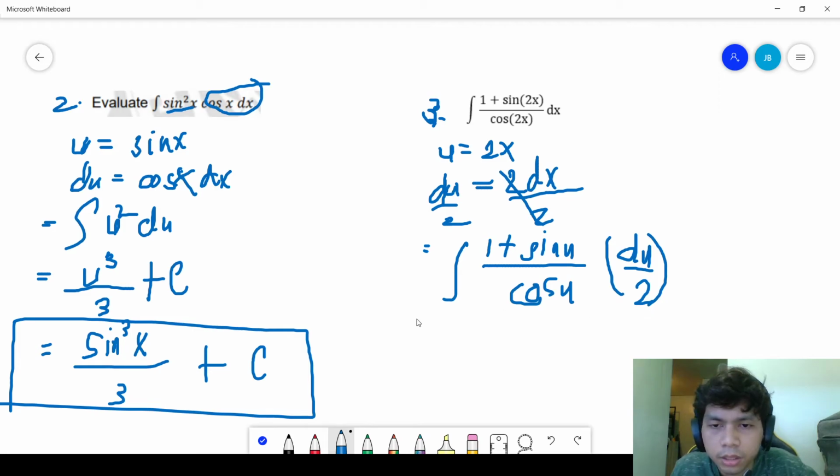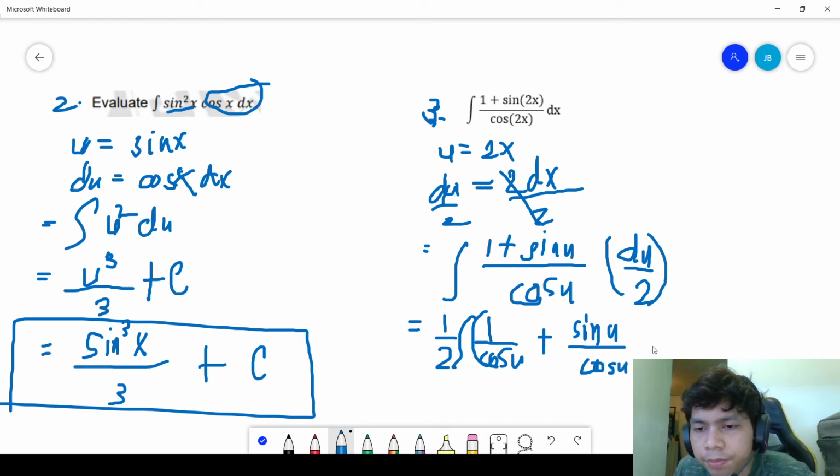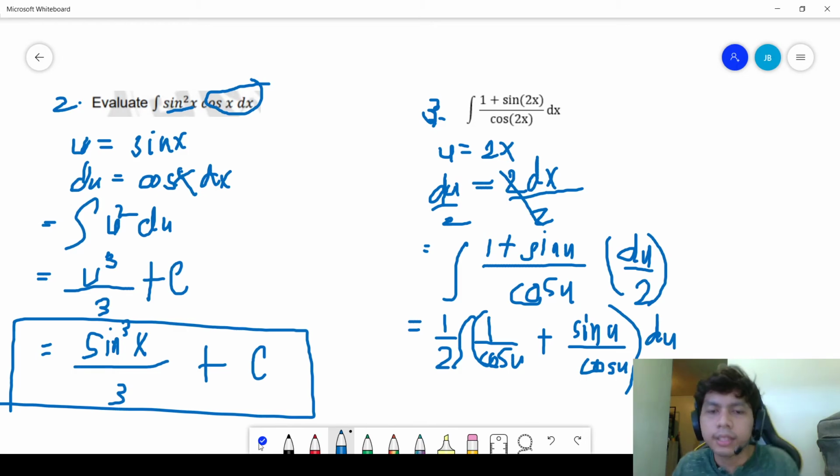So it will become 1/2 integral of, let's separate both of them. So 1 over cos u plus sine u over cos u, then du.